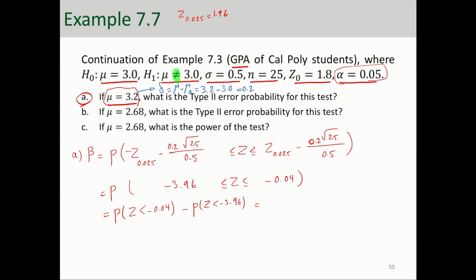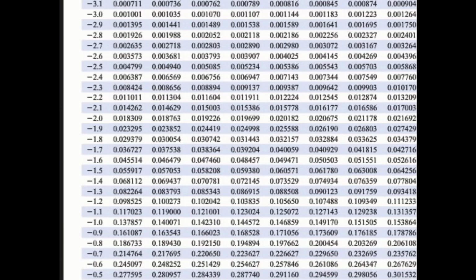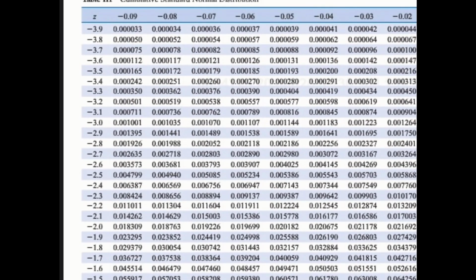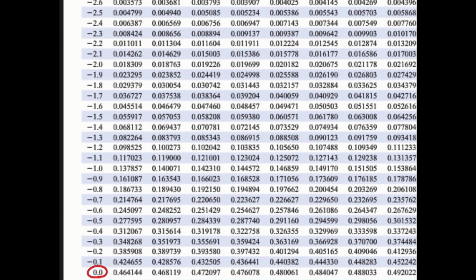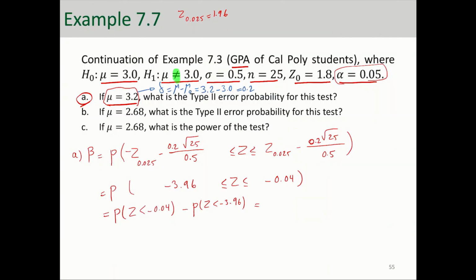The first one, probability of z less than negative 0.04, that is the probability 0.484. So here, this probability is 0.484. What is this probability?